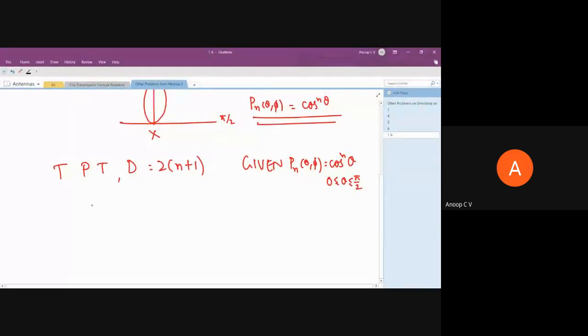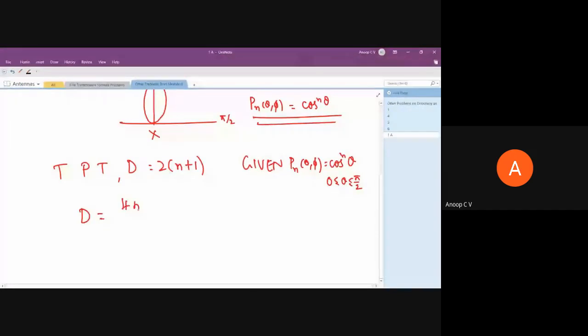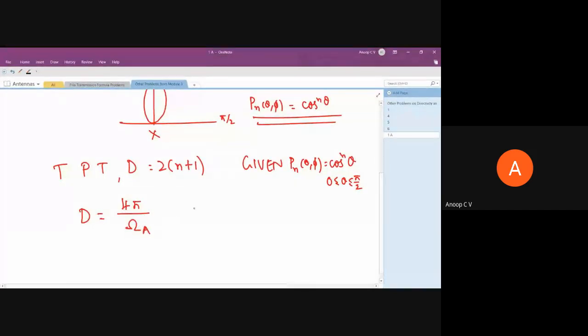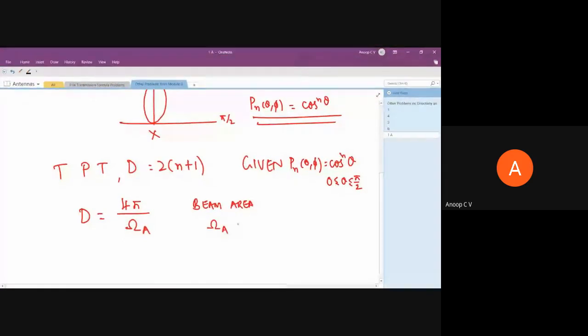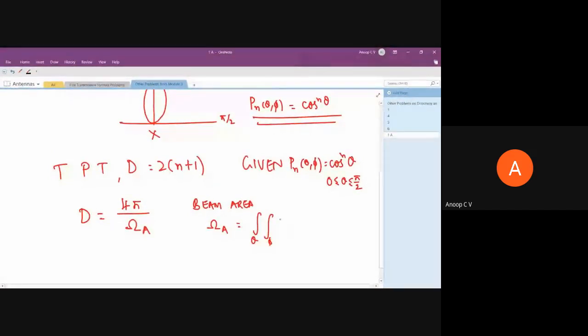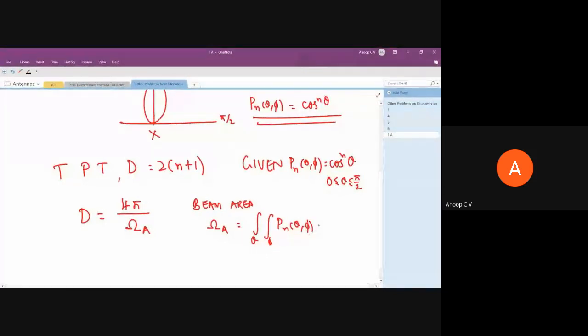This is the question. So what is directivity, by the way? Directivity is equal to 4 pi divided by omega A, where omega A is the beam area. The beam area omega A can be found as the integral over theta and phi of Pn theta comma phi times d omega.